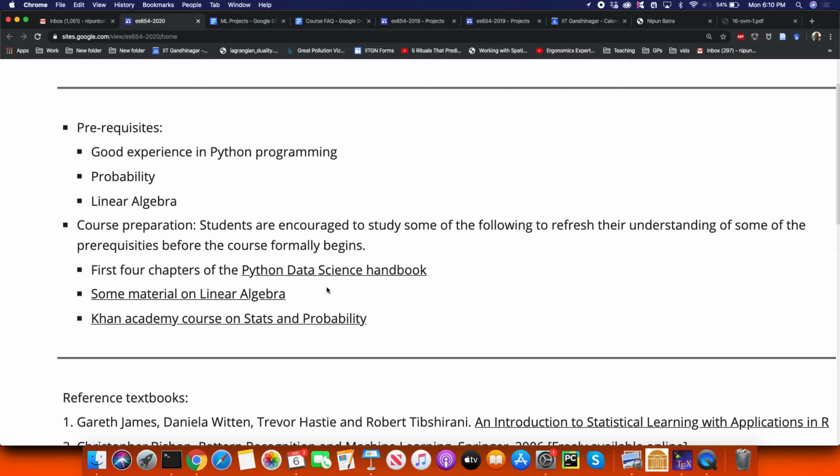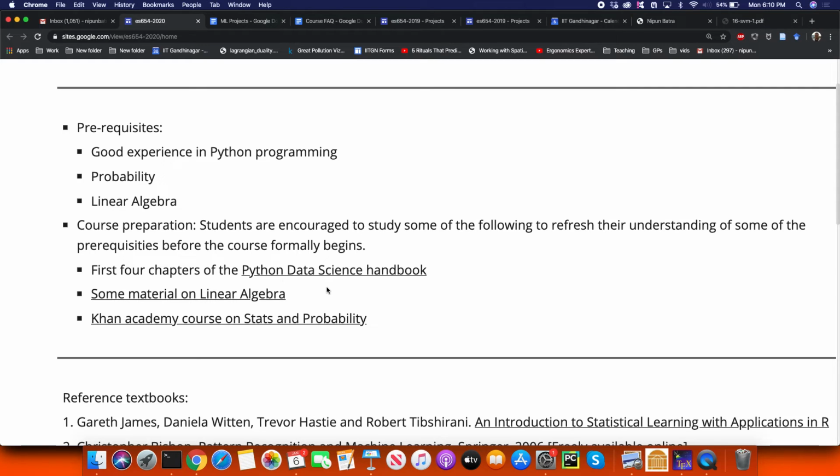There is some material on linear algebra which tells you about matrices, differentiation, multivariable calculus, etc. And then there is a Khan Academy course on stats and probability which tells you about various probability rules, things like random variables, etc. If you don't go through some or the majority of the prerequisites, you might have a hard time in the remainder of the course.